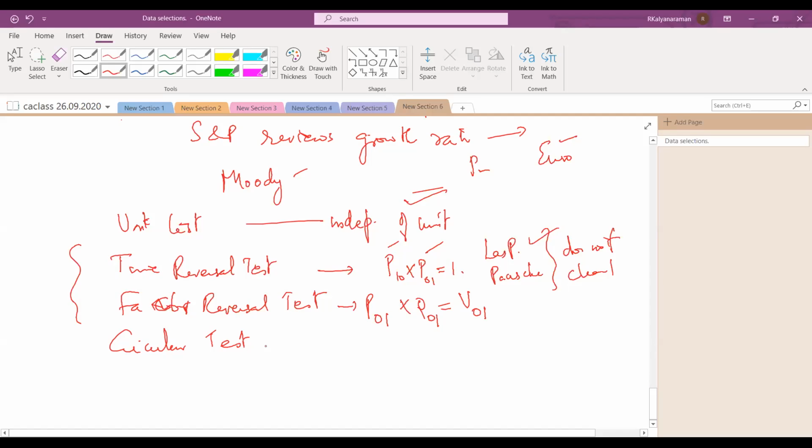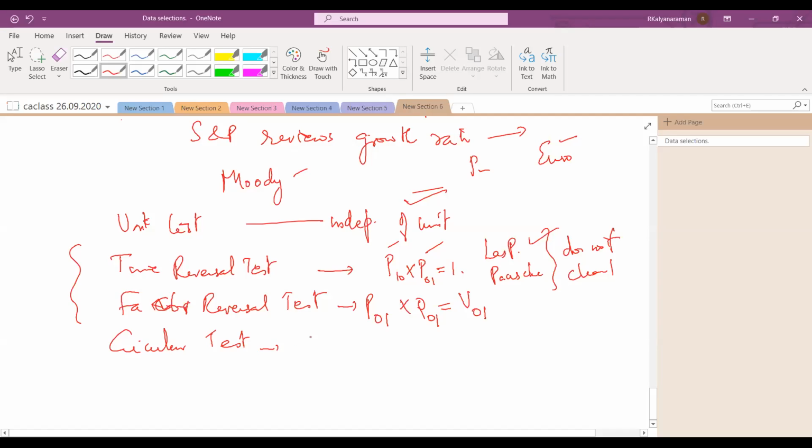The circular test is based on the measurement of the price changes over a period of years. What do you mean by this?